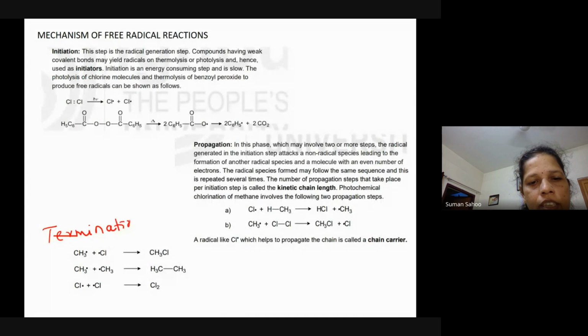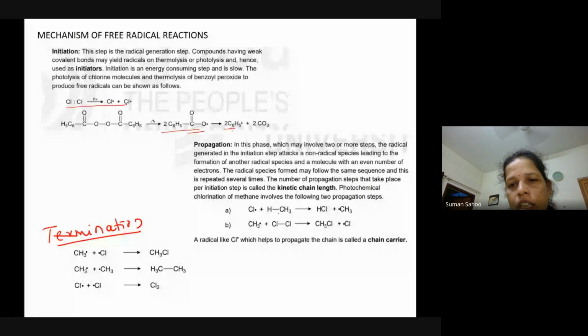For initiation, we should generate an initiator. For example, in the presence of light, the chlorine bond is cleaved to give chlorine free radicals, or you heat it to generate a free radical, and then propagation goes on. In initiation you get one free radical, then in the propagation step it attacks your substrate, which is the organic compound.